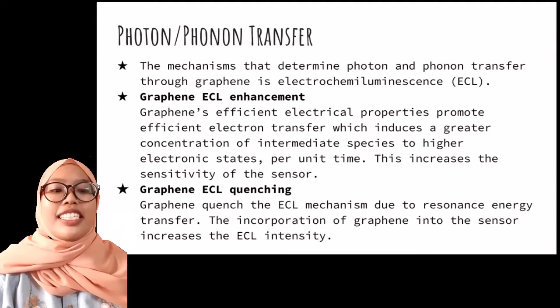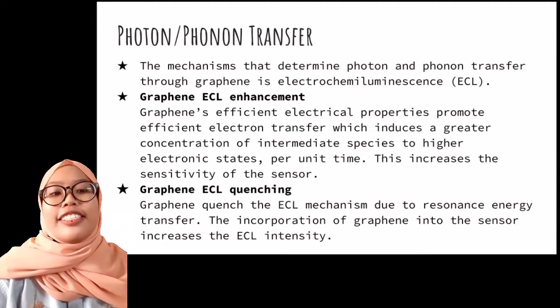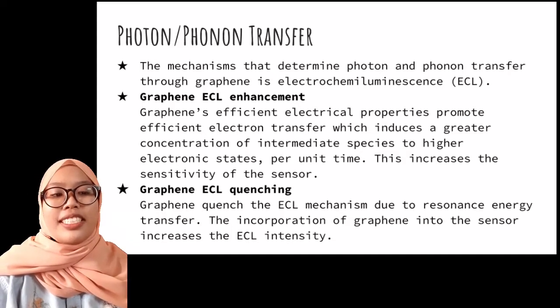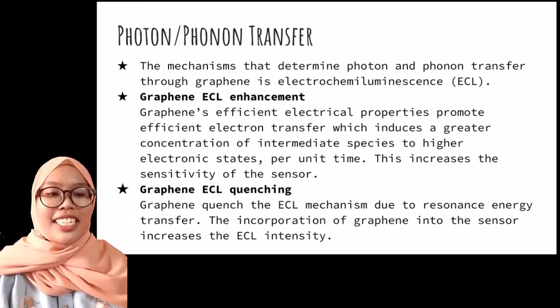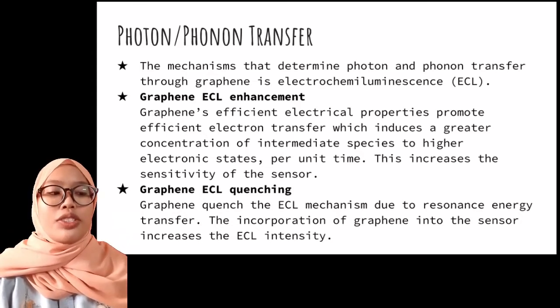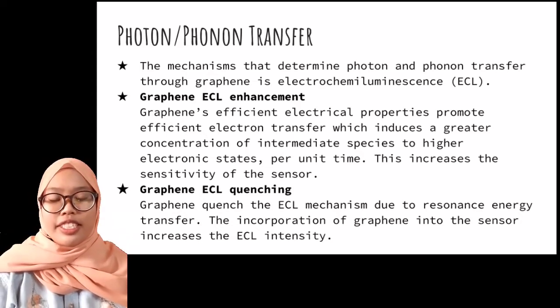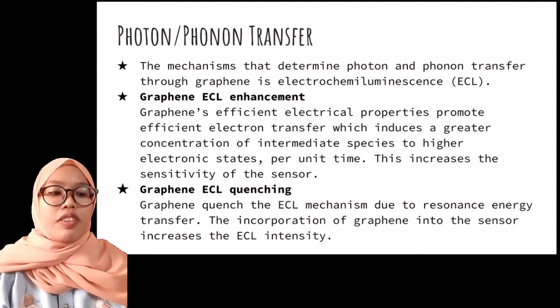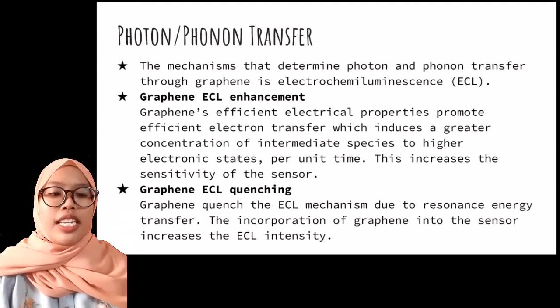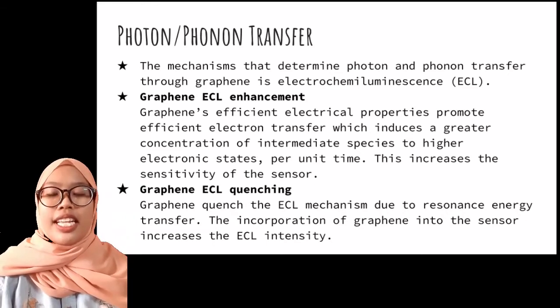This increases the sensitivity of the sensor. Next one is graphene ECL quenching. Graphene quenches the ECL mechanism due to resonance energy transfer. In the incorporation of graphene into the sensor increases the ECL intensity.